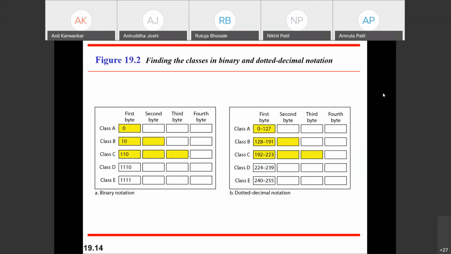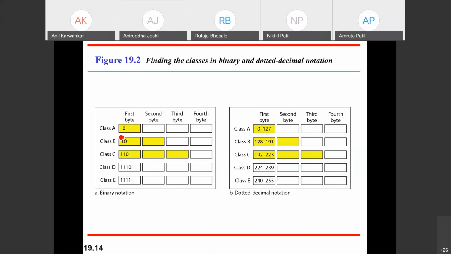See, these are the dotted decimal representations and binary notation, with 5 different classes. We'll start with the binary notation. If the IP address starts with 0 in the first byte of the 4 bytes, then it's a class A address.